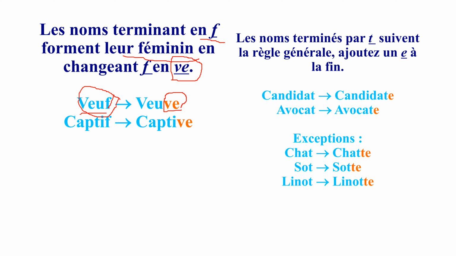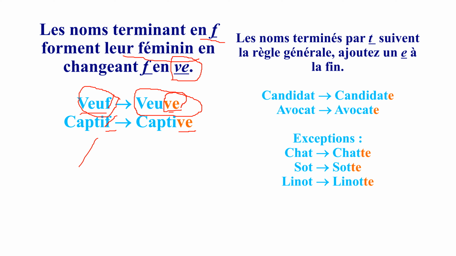Therefore, veuf is the male version, a man who has lost his wife, and veuve would be the feminine. Similarly, captif: you drop the F and you replace it with VE. What is a captive? Might be a good idea to check it out.